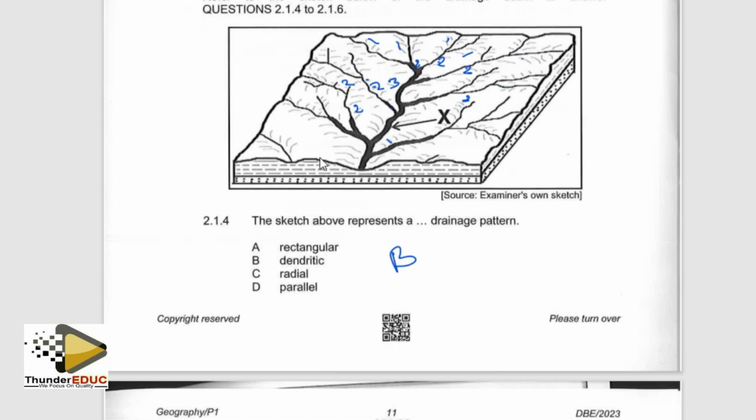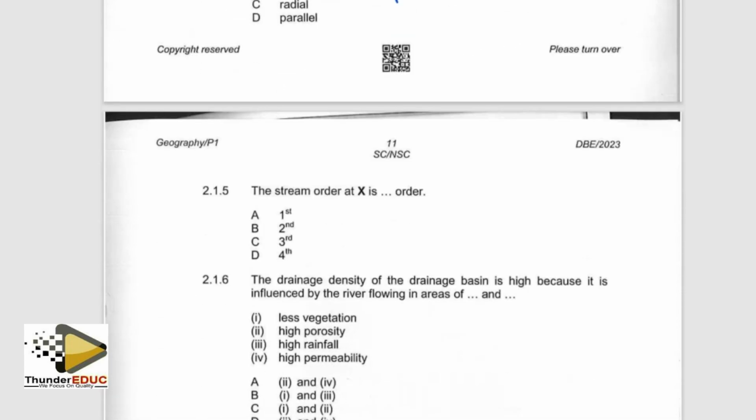This is 1, this is 1. Therefore, obviously, this is 3. So X is 3, the third stream order there. So the answer is C.